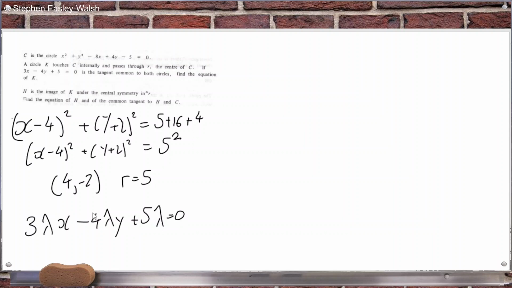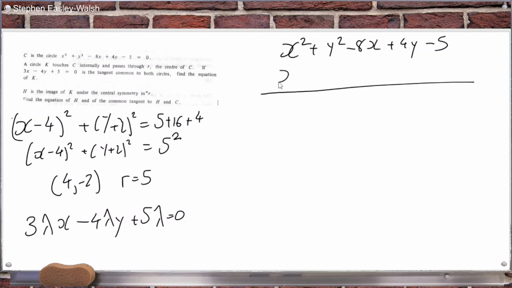And that's important because what I'm going to do now is imagine what the second equation would need to be to ensure that I get a linear equation of this form. So I'll put the other circle underneath, which I know begins with x² + y², and when I subtract it, I have to end up with this: 3λx - 4λy + 5λ.